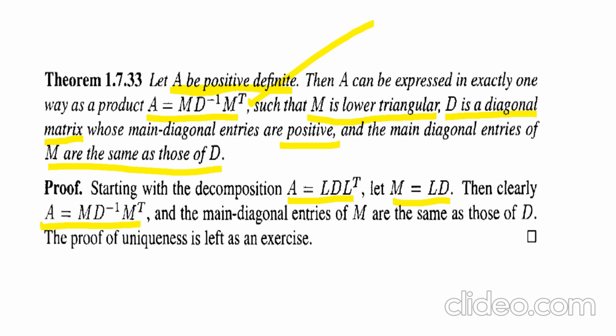Let's take the transpose of L. L transpose will be equal to M D inverse whole transpose. And the transpose property says that it is equal to D inverse transpose M transpose. D inverse transpose is equal to D inverse.